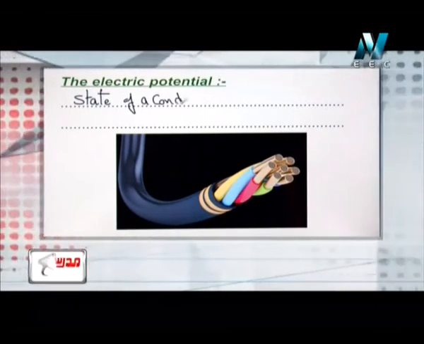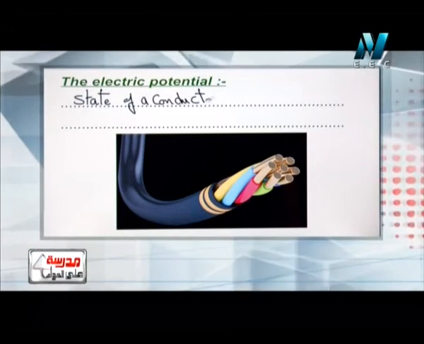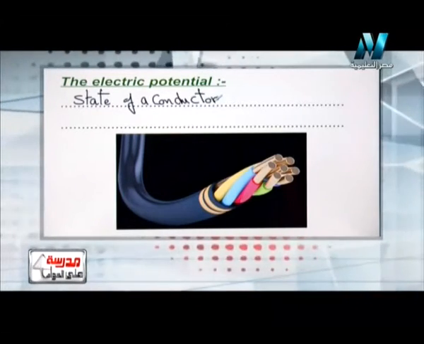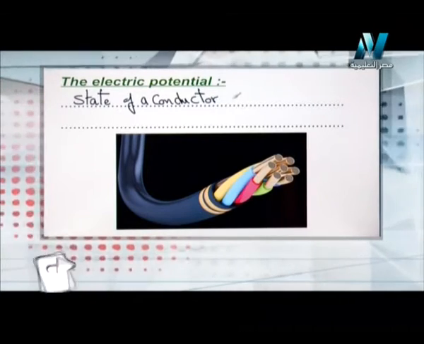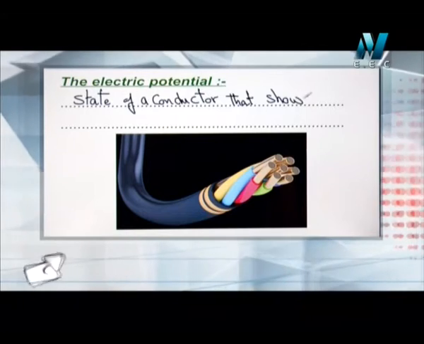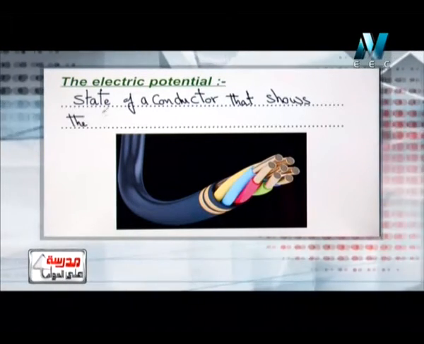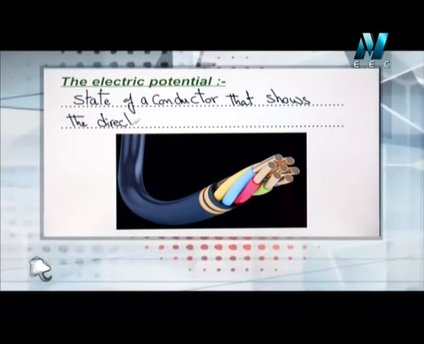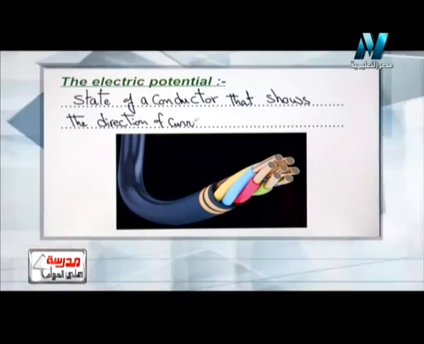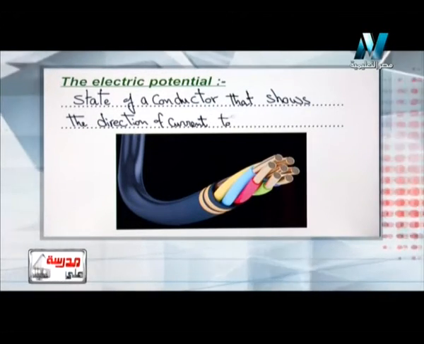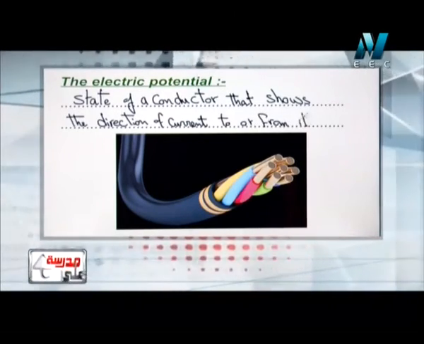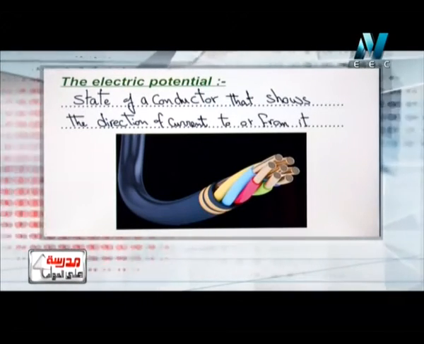I'm talking for the students who are studying: not potential difference, but electric potential. It is the state of a conductor that shows the direction of current to or from it.